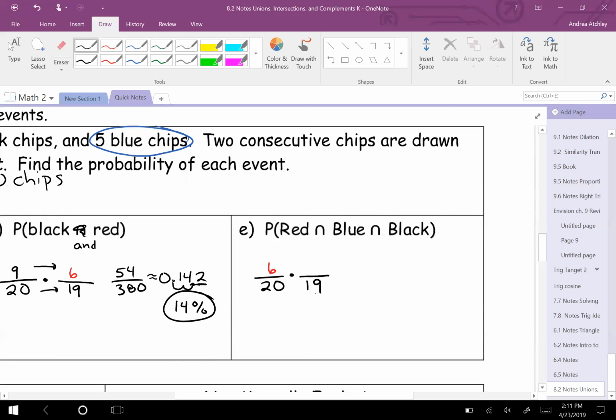How many blue chips do I have? 5. Okay, when I go to pull the third one out, how many chips are in my bag? 18. And now I want to pull out a black chip, and there's 9 of those left. Okay, multiply it all across.